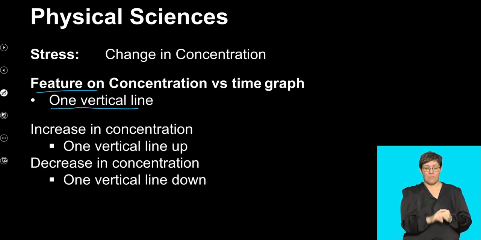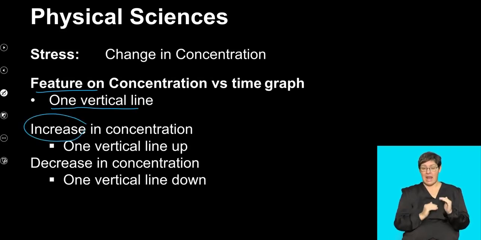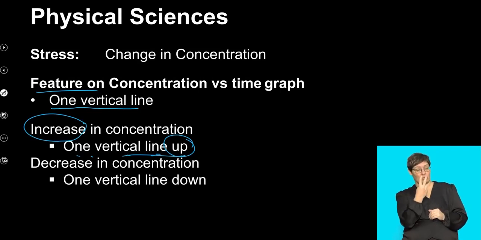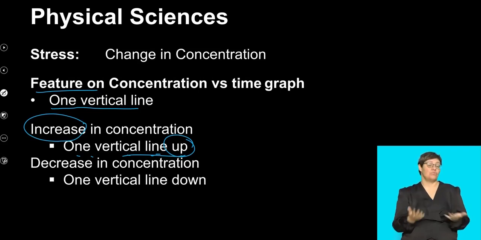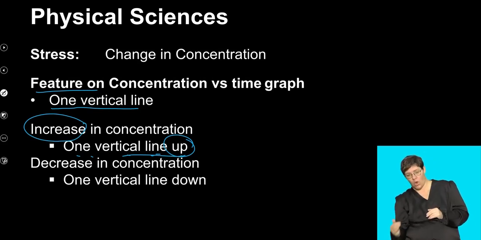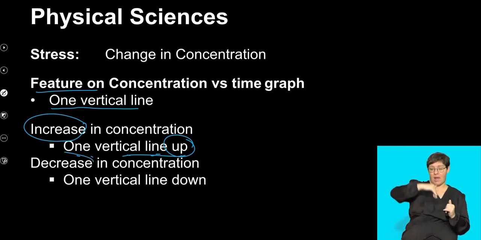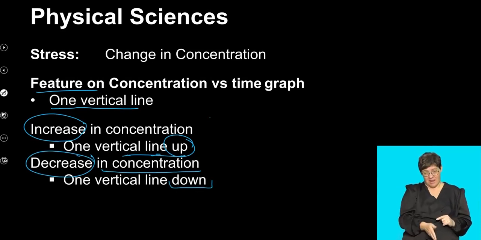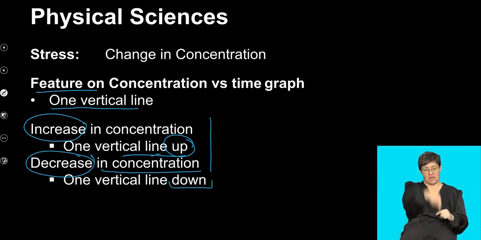And because it was an increase, that one vertical line for hydrogen gas went up because it showed increase. The other two were affected by the response of Le Chatelier, and they were more curved lines. If we would have worked with a decrease in concentration, we would have had one vertical line, but that one vertical line would have been down.